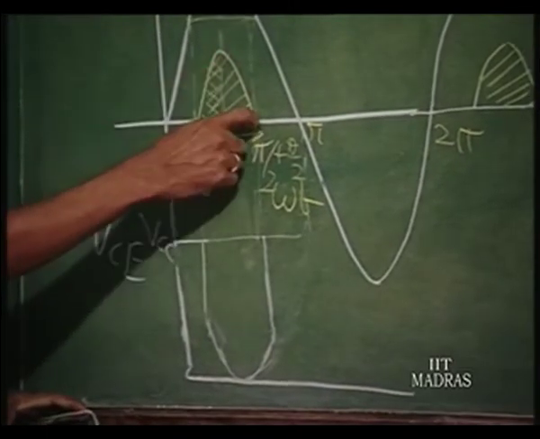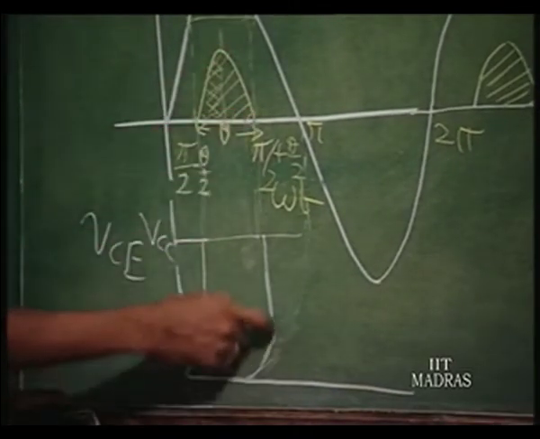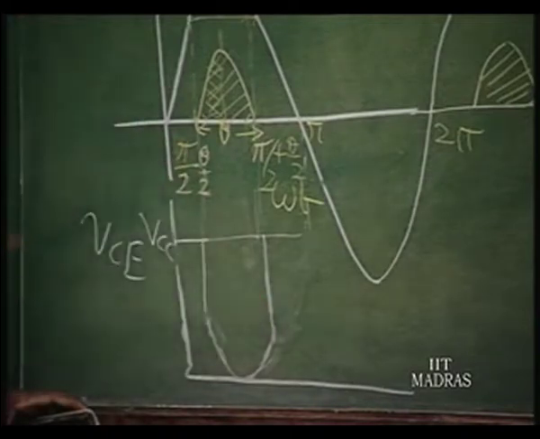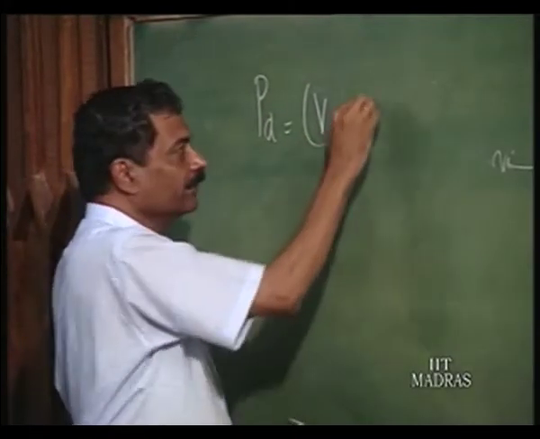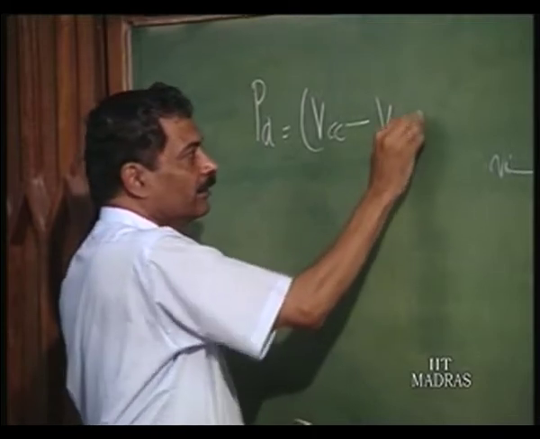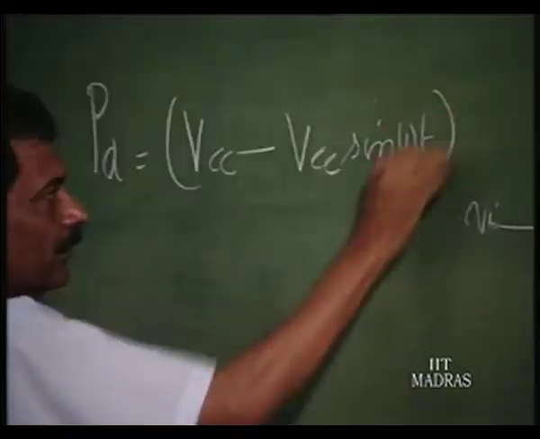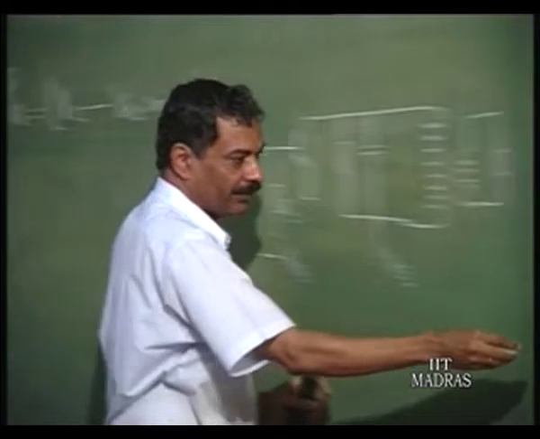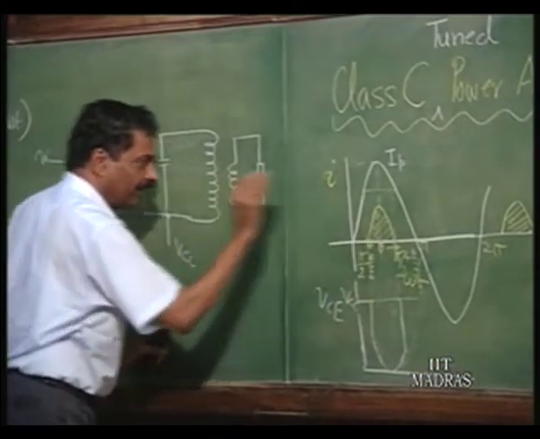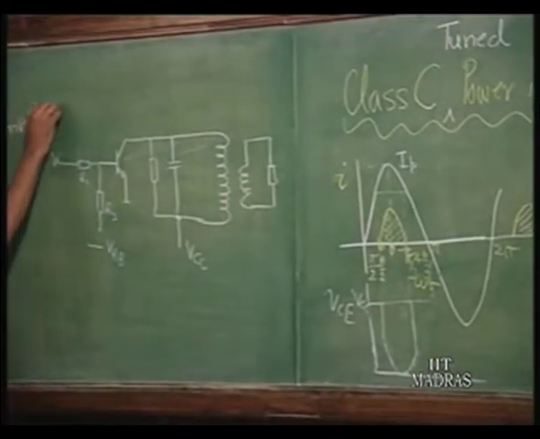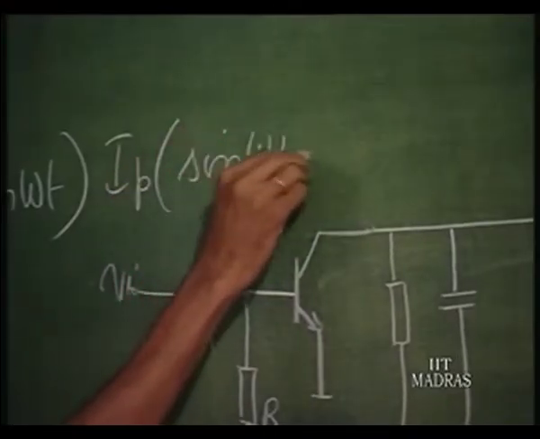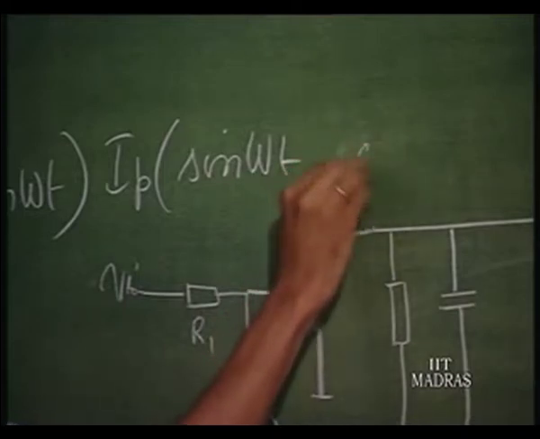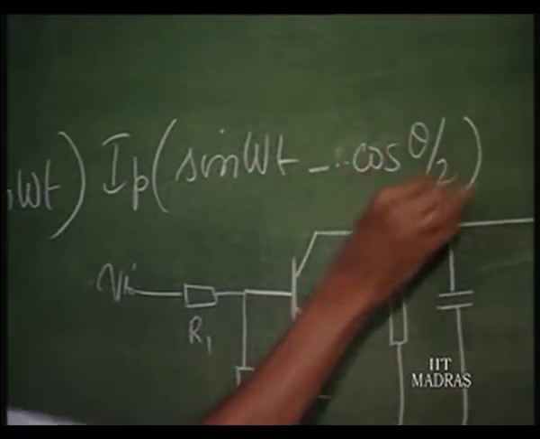So, this instantaneous value of current into this instantaneous value of the voltage will give you the instantaneous power. That means, VCC minus, actually speaking it is Vp, which is assumed to be VCC itself, sin omega t. This is the voltage waveform here, that into the current waveform which we already defined as Ip into sin omega t minus cos theta by 2. This has been already defined.